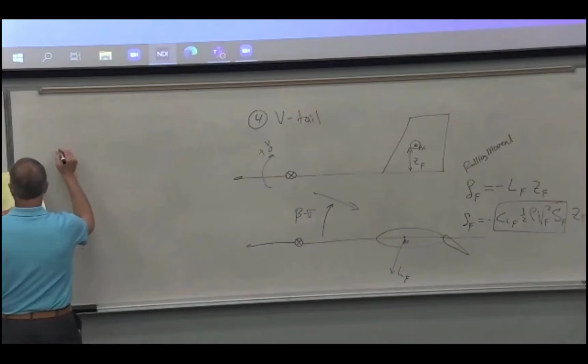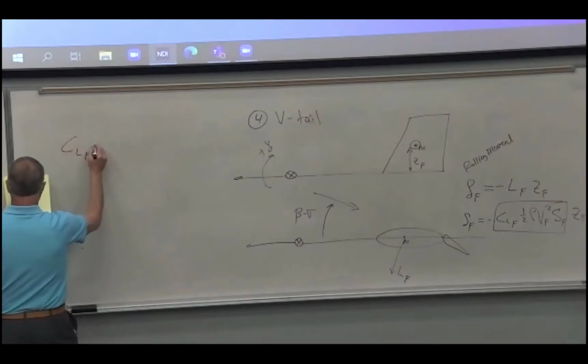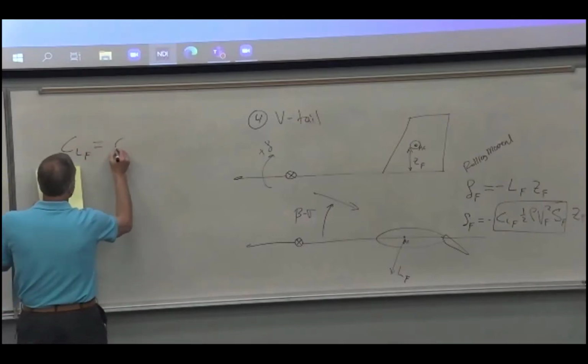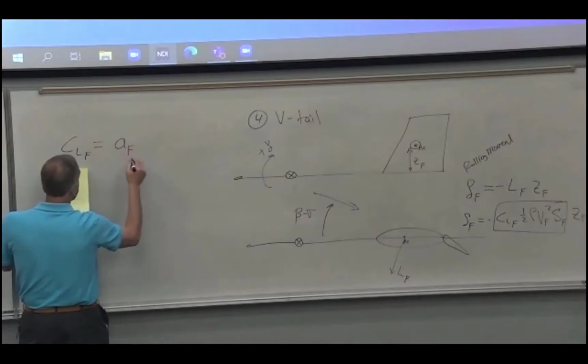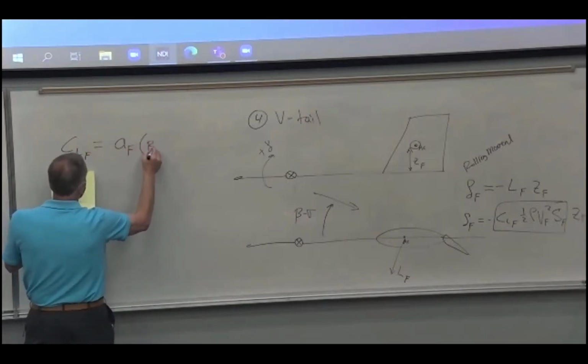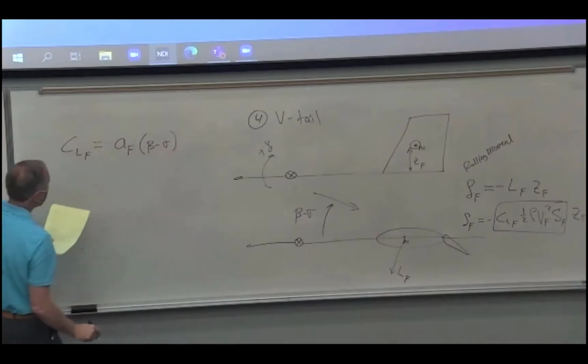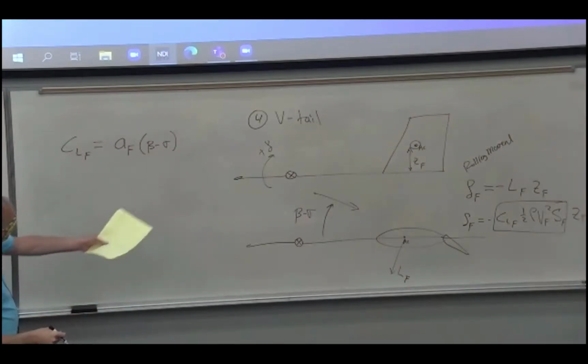All right, so CLF is going to be given by the lift curve slope times beta minus sigma. So that goes into there.